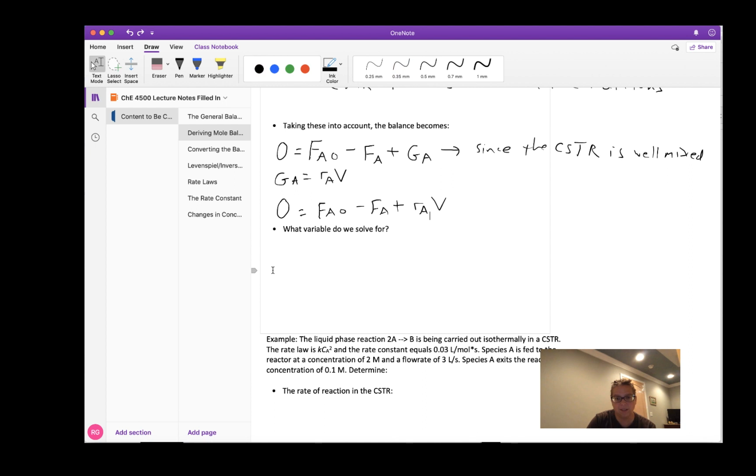So in this case, let's write the mole balance for V. So we're going to say V is equal to FA0 minus FA over minus RA. And so this is the CSTR mole balance that you'll find, for example, in table S1-1 in Fogler.